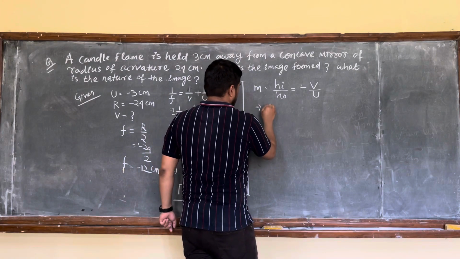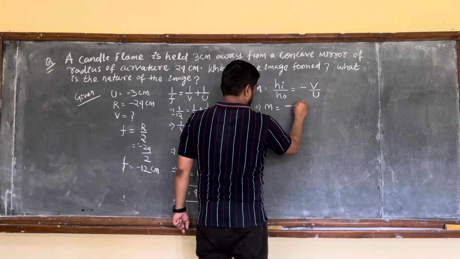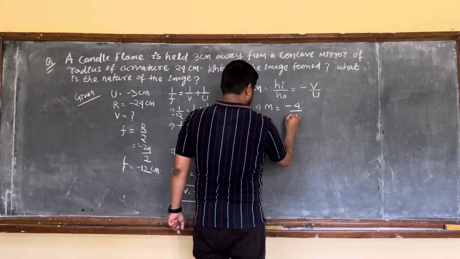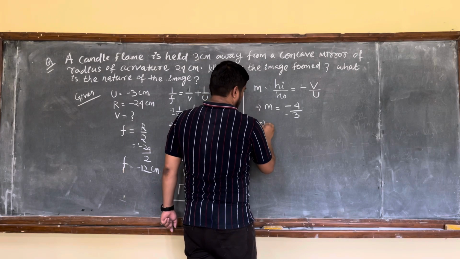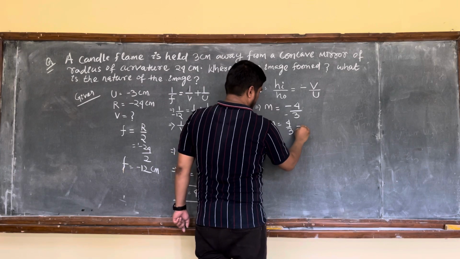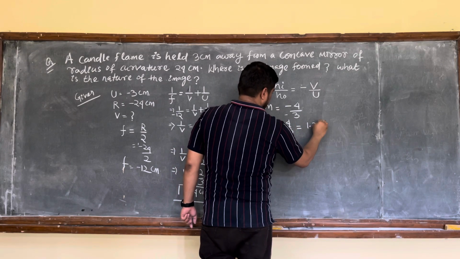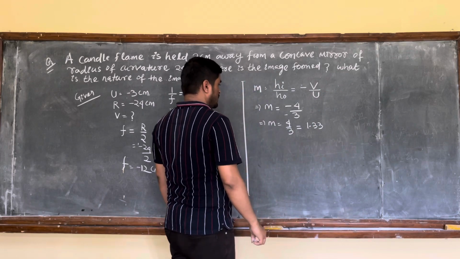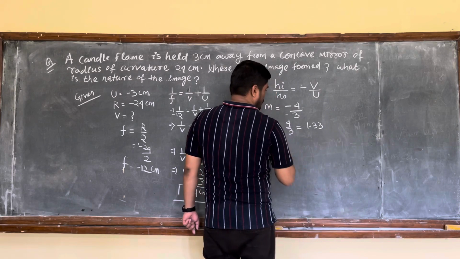That implies magnification m will be minus of 4 divided by minus 3. That implies m will be 4 divided by 3, that is equal to 1.33. This is the magnification. So here the magnification is more than 1.